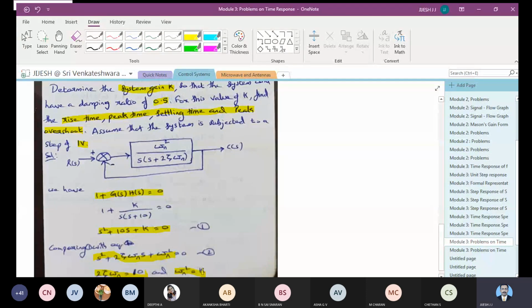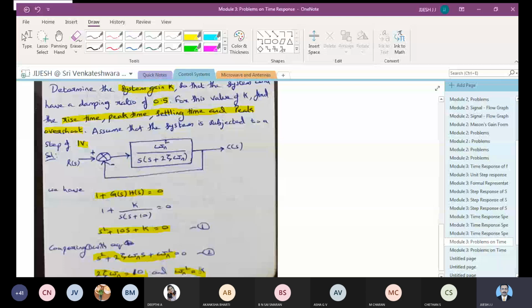What is the damping ratio here? 2 zeta omega n is given as 10. Omega n is root k. Damping ratio is given as 0.5.